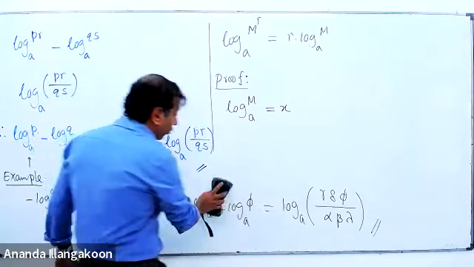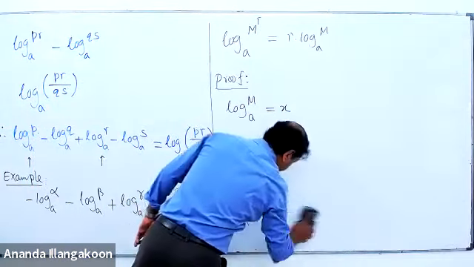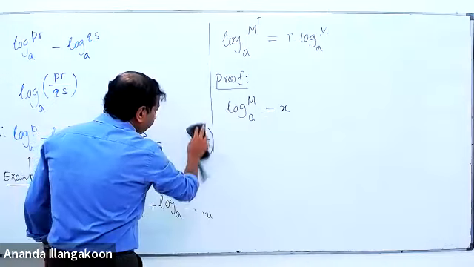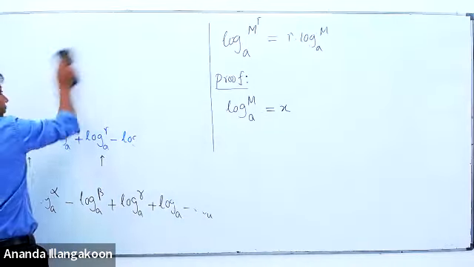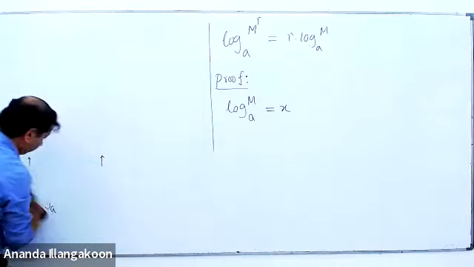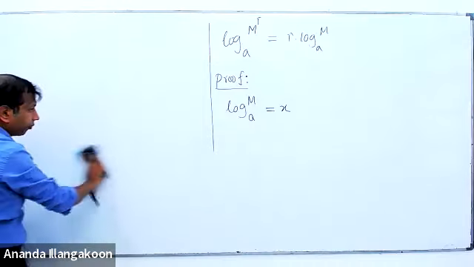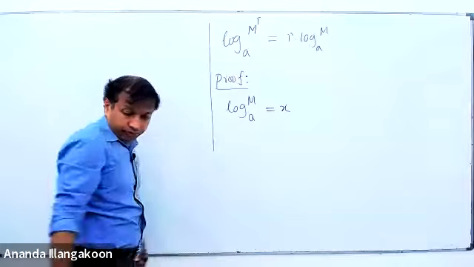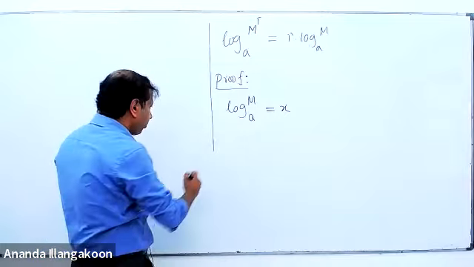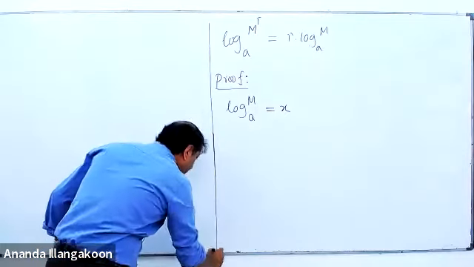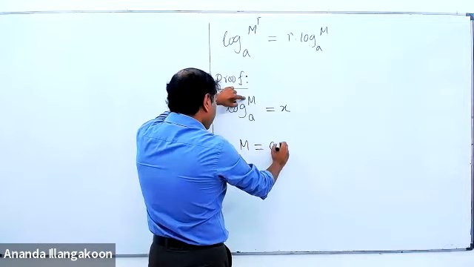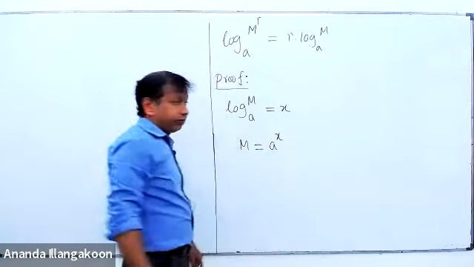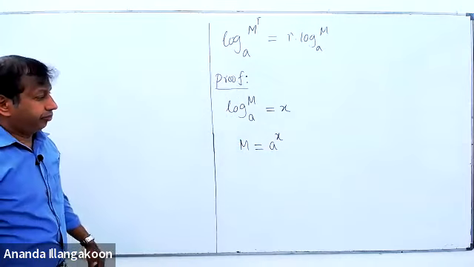When you convert this to index form, what do you get? This m is equal to a to the power x.